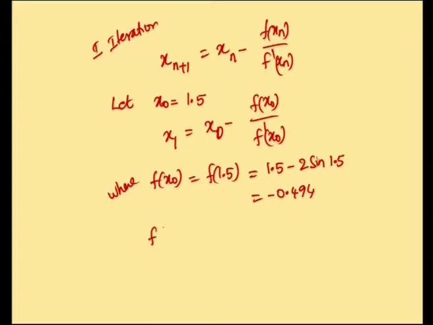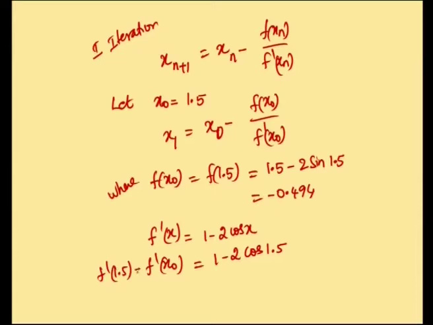And f dash of x is equal to 1 minus 2 cos x, so that f dash of x naught is 1 minus 2 times cos 1.5, f dash of 1.5, and this value comes to be equal to 0.858.